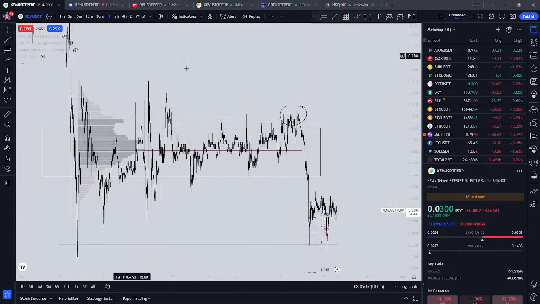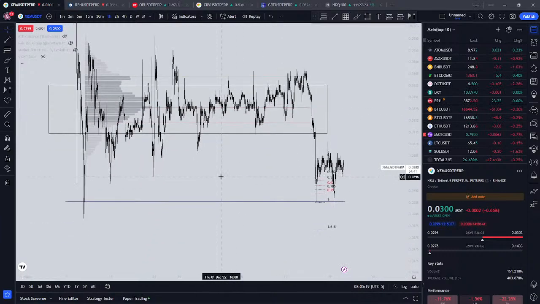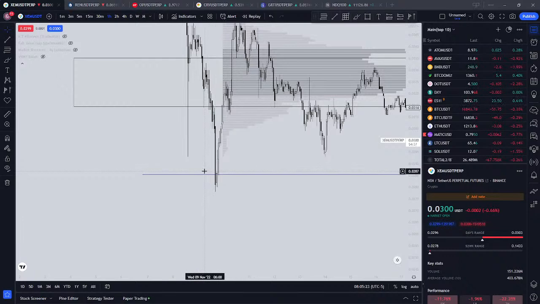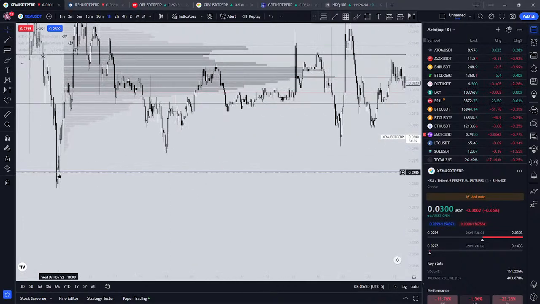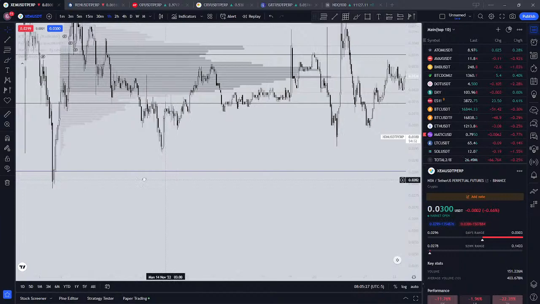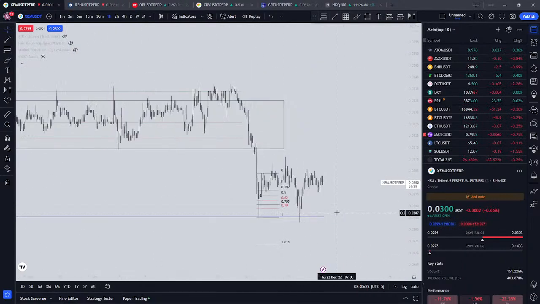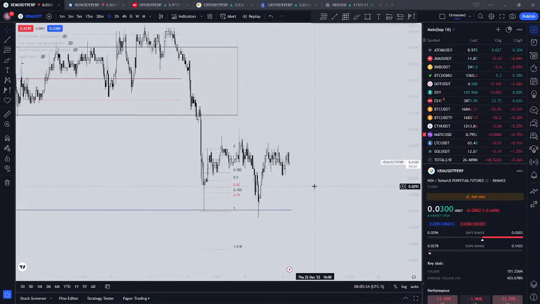What happens in these situations is, after taking liquidity over here, which I believe targeted the FVG from here, and yes, that was already filled. Anyways, price came back here to revisit this area of value, and it looks like it might attempt to sort of distribute upwards now.